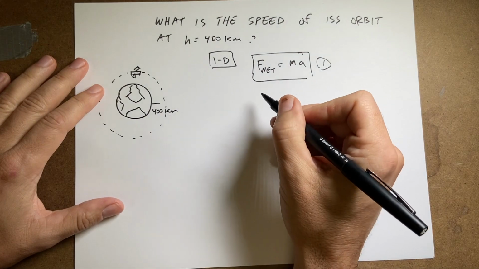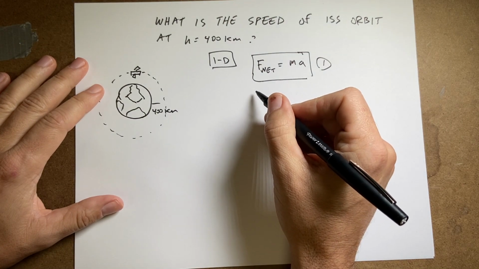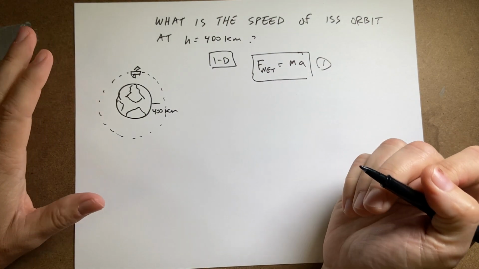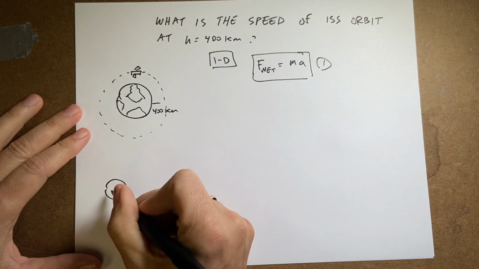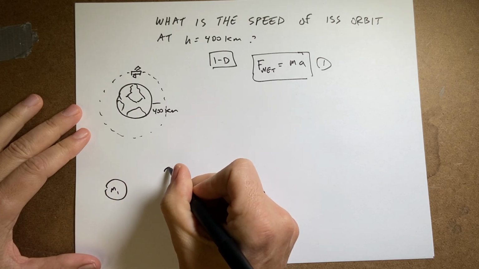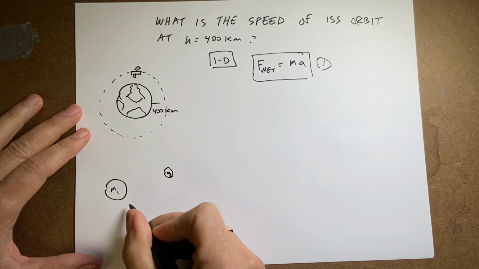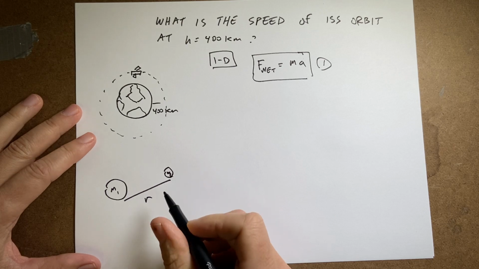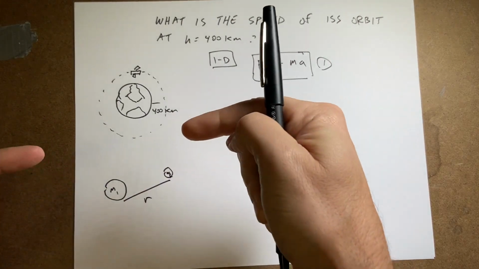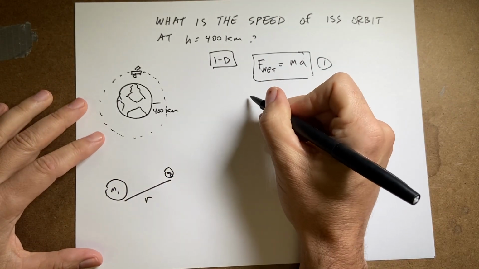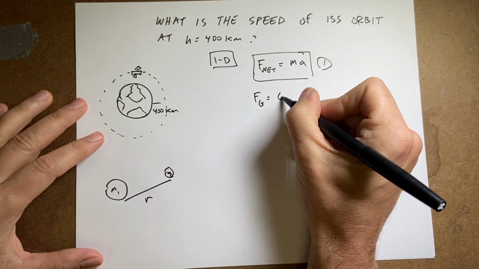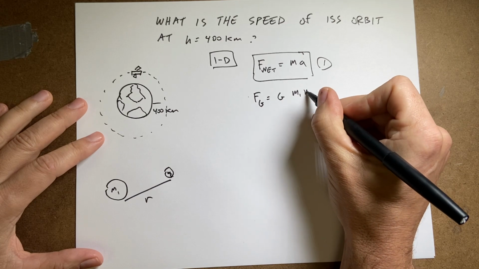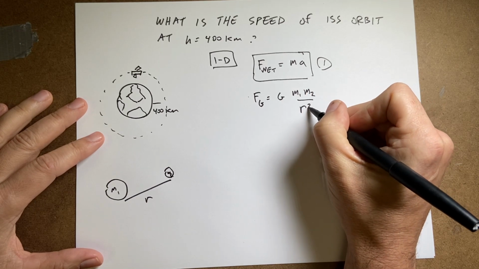Number two, the gravitational force. If two objects have mass, let me draw it over here. Here's M1 and here's M2. And they are separated by a distance r, then there is a gravitational force pulling these two together. So the gravitational force, we'll call it Fg, is equal to G m1 m2 over r squared.